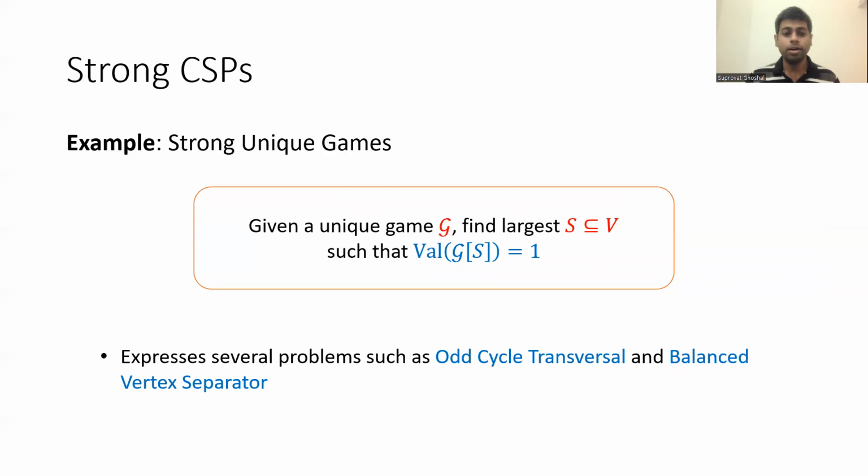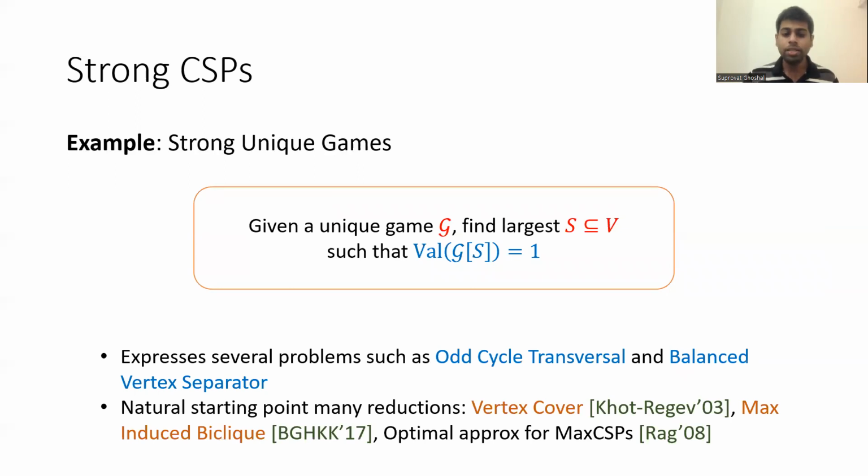Again, this is a problem which describes several well-studied problems as special cases. So odd cycle transversal is directly an example of strong unigames. Balanced vertex separator can be thought of as an example of strong unigames with a global cardinality constraint, and so on.